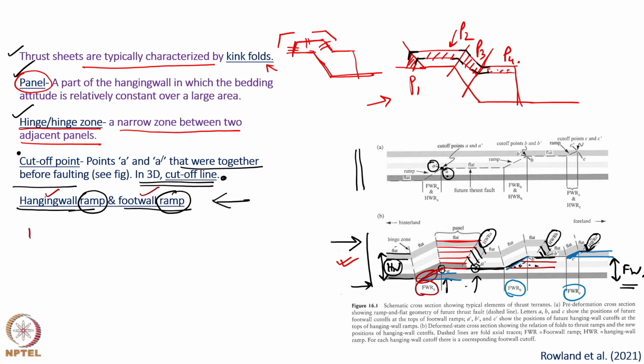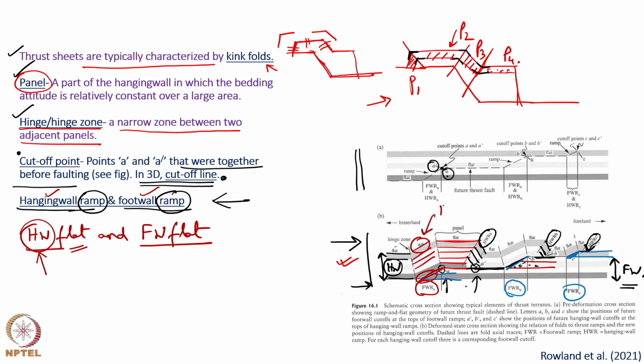Now, we want to know the term hanging wall flat and foot wall flat. It is the layer of rock within the hanging wall which is parallel to the fault, such as here the hanging wall layer rocks are parallel to the fault. So, this is a hanging wall flat.